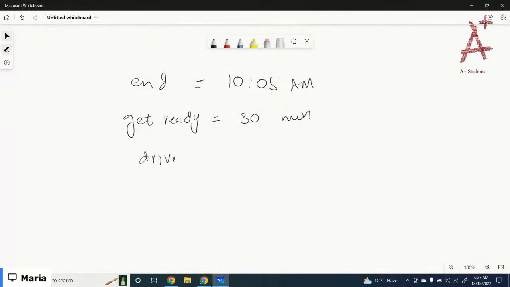So what time does he have to get up? The total time he needs to get ready and drive is 1 hour 30 minutes. That means he has to get up 1 hour 30 minutes earlier than 10:05.